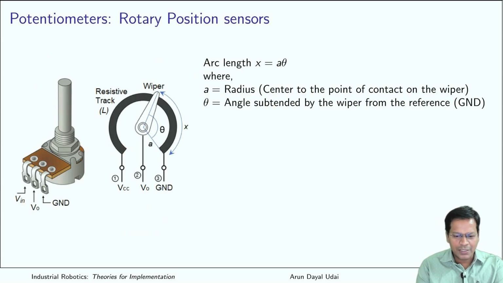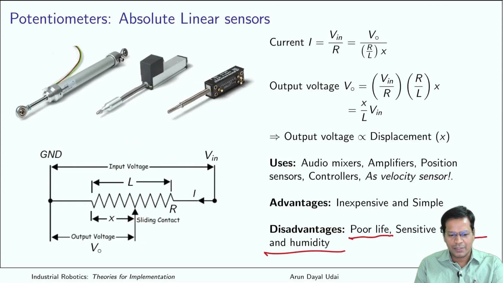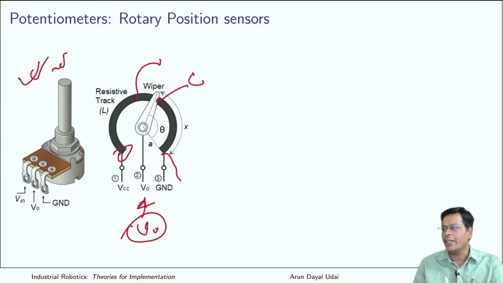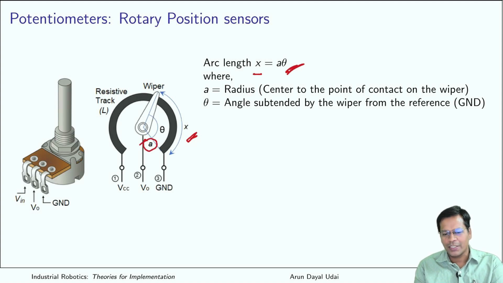This time this length x, the one that you had in your earlier scenario, this was x, this time this x is in a circular way, and this x is proportional to angle. This radius is there, so x is equal to a times theta, where theta is the angle subtended by the wiper from the reference point, that is ground.